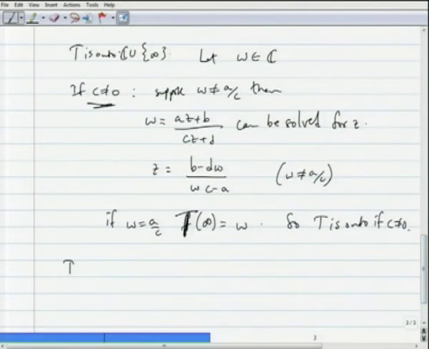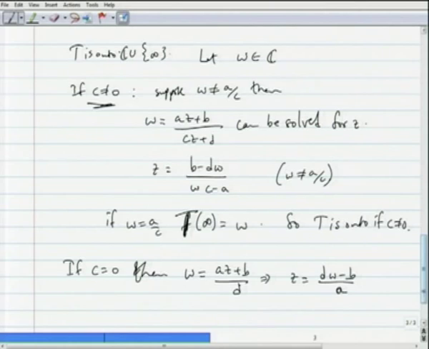In the event that C is 0, then also we can show that this is onto. If C is 0 and if W belongs to C, let W belong to C, then we can directly say that W is equal to A z plus B by D, which implies that Z is equal to d W minus B by A. Okay.